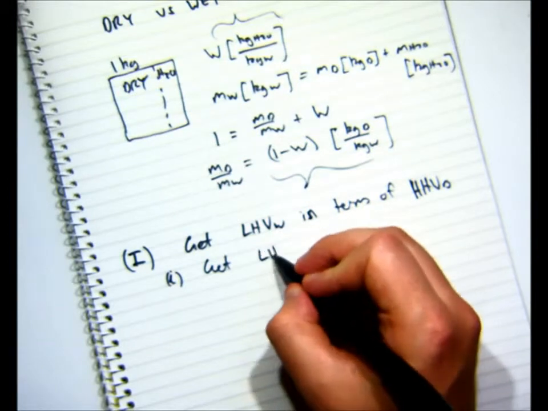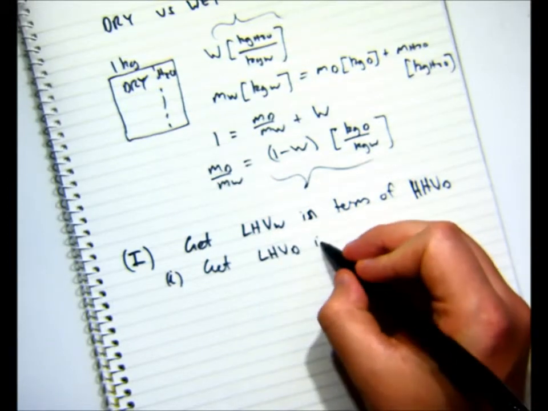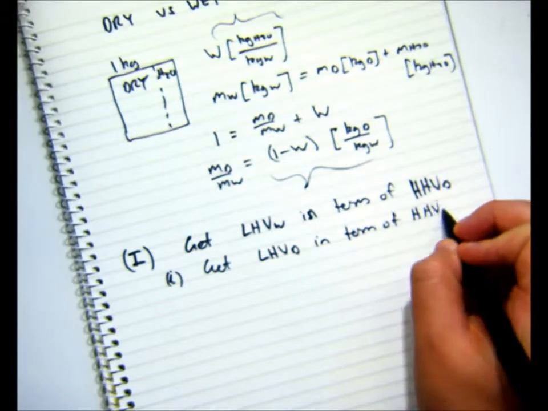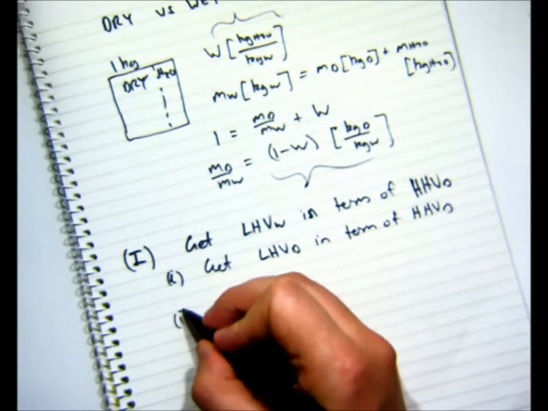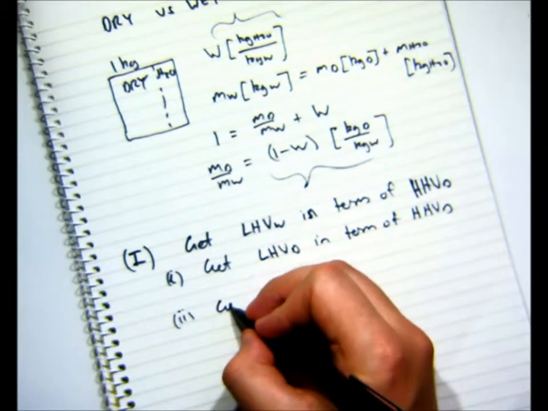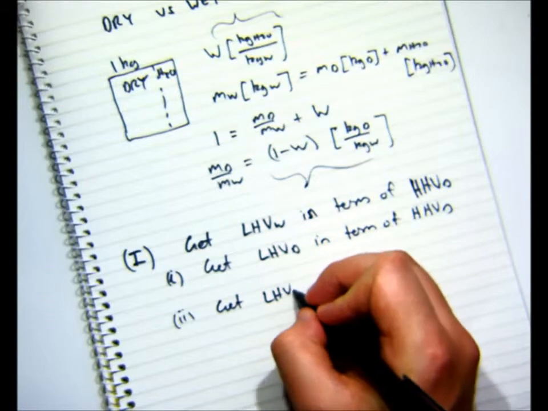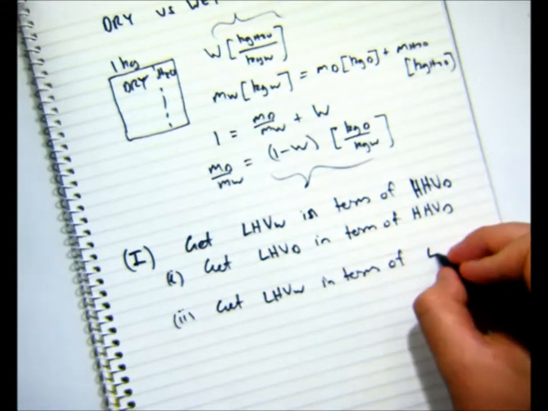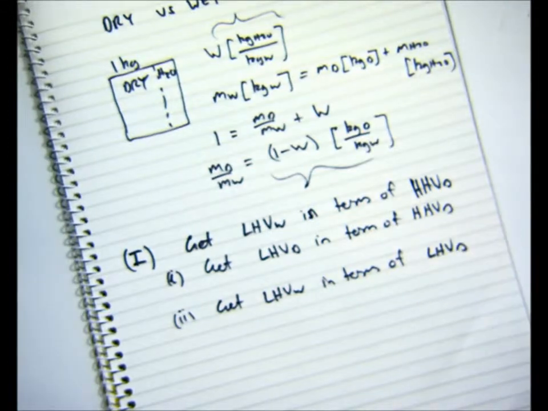So let's get LHV, but on a dry basis, in terms of HHV dry. And the second step will be to convert from the dry to a wet basis. So then get LHV wet in terms of LHV dry.